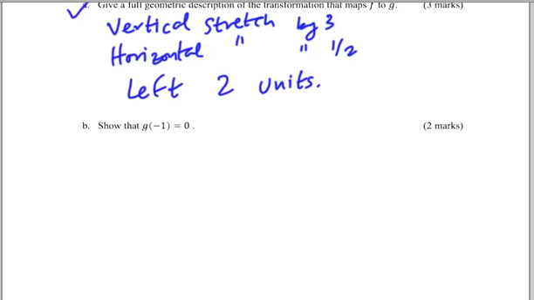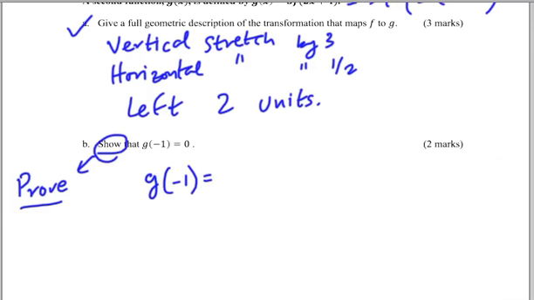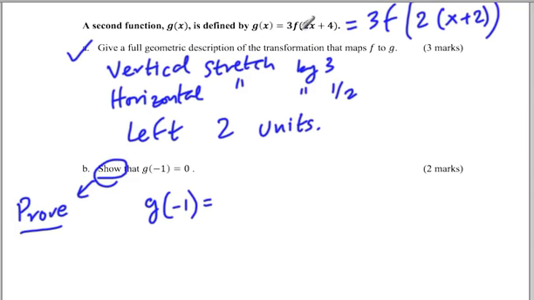Okay, now show that g of -1 is 0. So whenever you hear the word show, another meaning for that is prove. So really prove that g of -1 is equal to 0. So the argument of g is -1, right? And what is g? It's simply 3 times f of 2x plus 4.